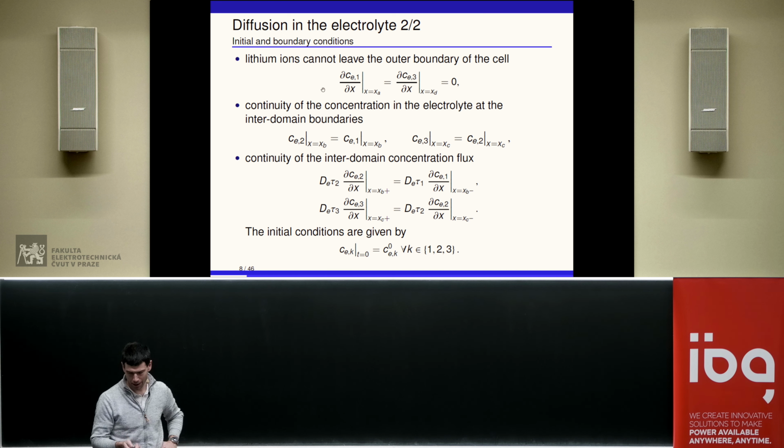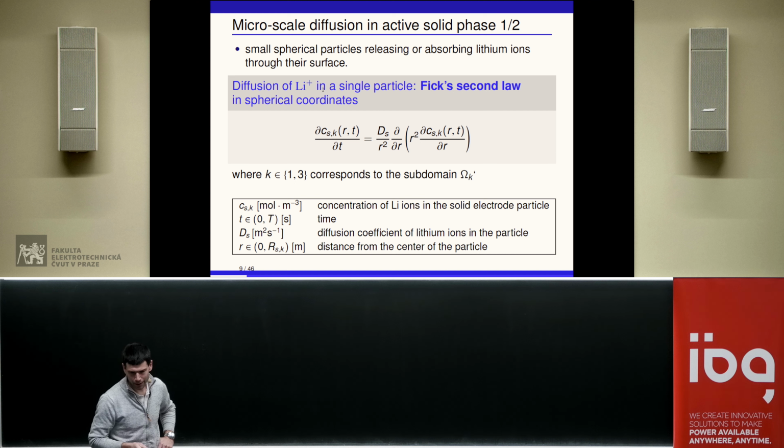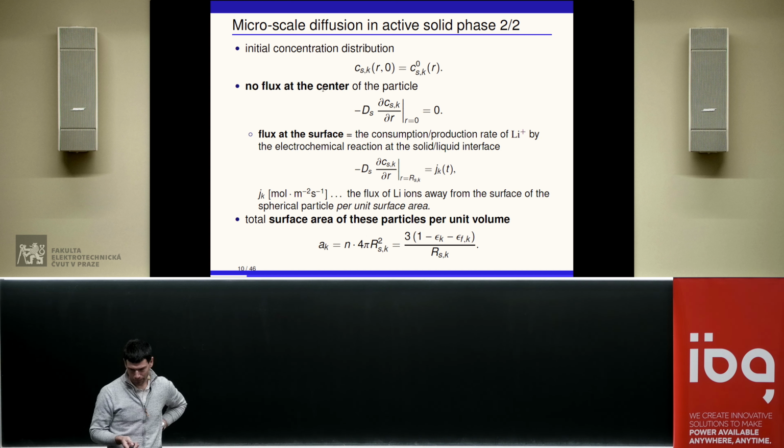So there are boundary conditions that describe that. This is a diffusion equation in radial coordinates that describes the diffusion of lithium into the center of the microscopic particles, or vice versa. So that's this one.